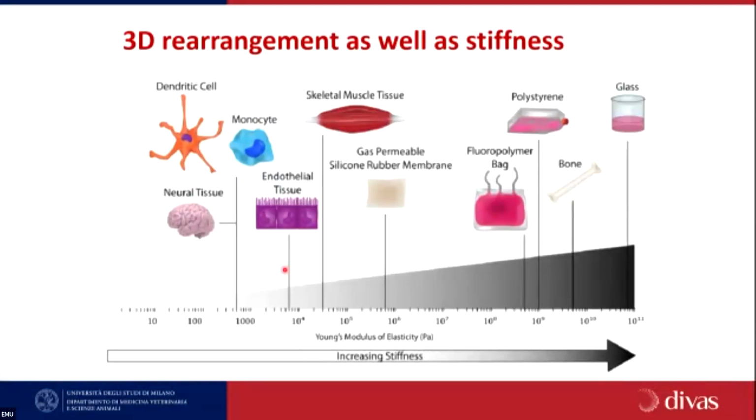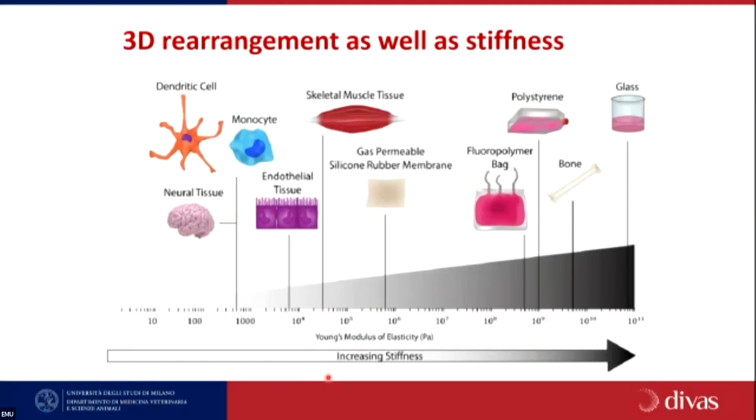When we are dealing with bone, osteoblasts and osteoclasts, we will need a completely different, much harder environment. As you can see here, there is an increased stiffness in tissue. This stiffness is expressed as the Young modulus of a tissue, and each tissue in our body has a specific Young modulus.